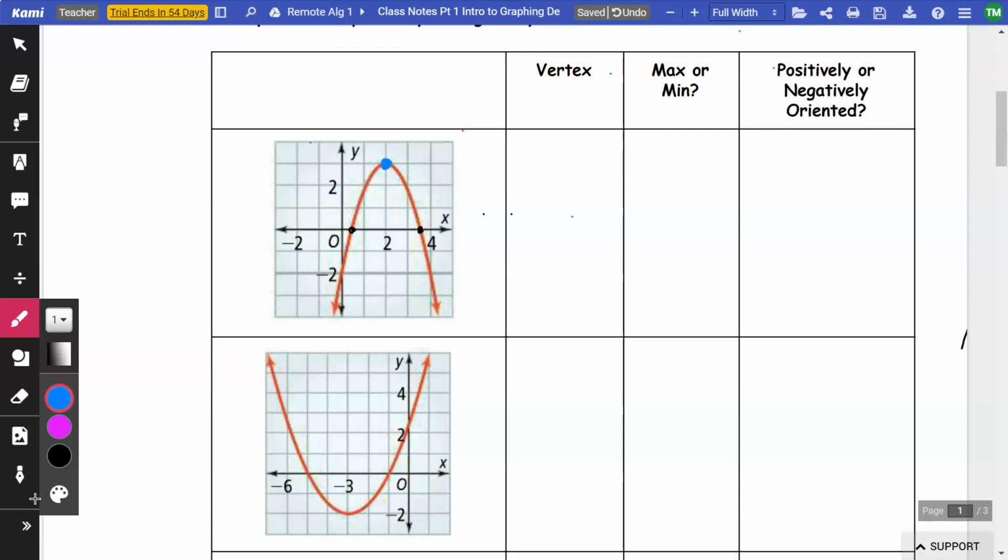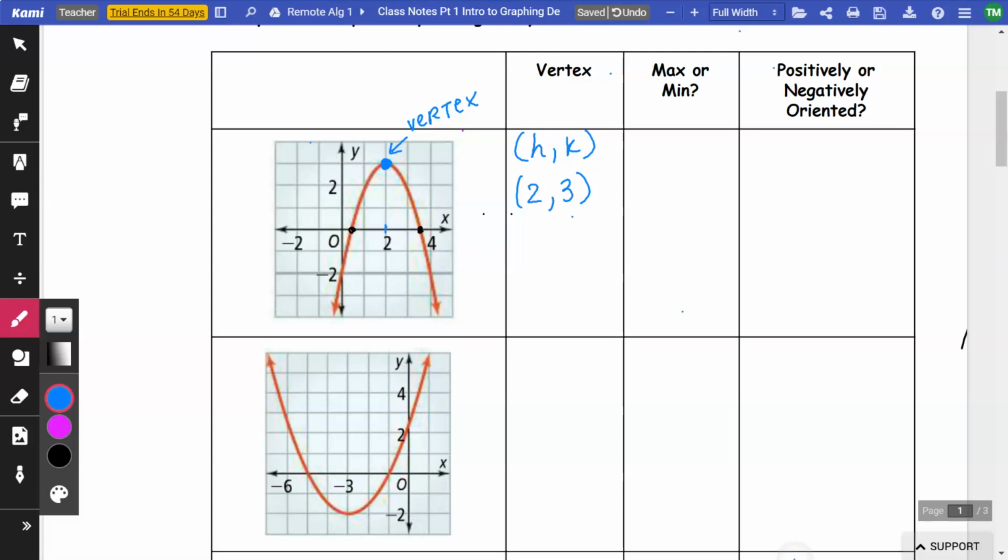At this point we have our vertex, and we're going to write it as a point, an x value and a y value. The x value of this point is 2, and the y value is 3. So the vertex is at the point (2, 3).